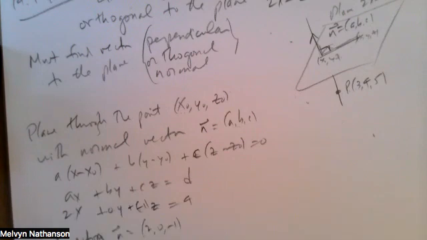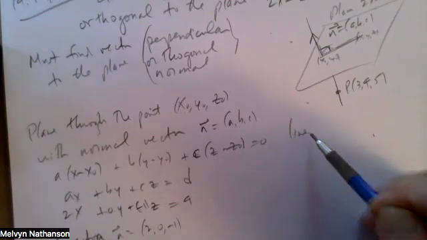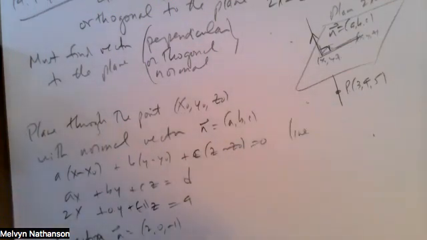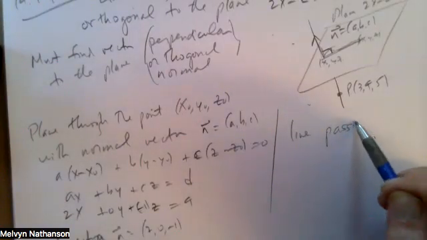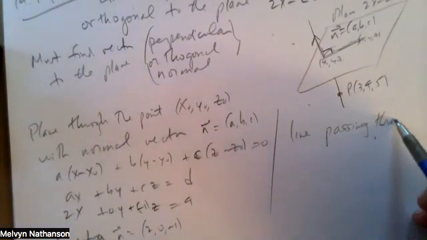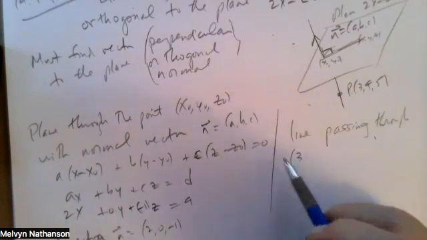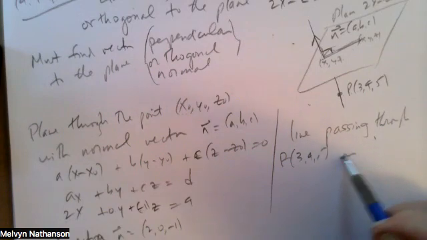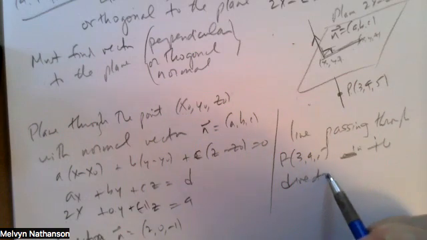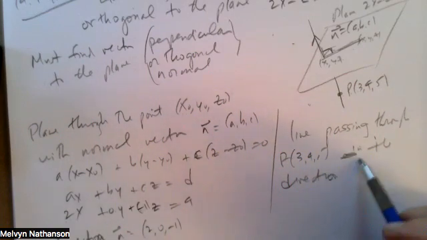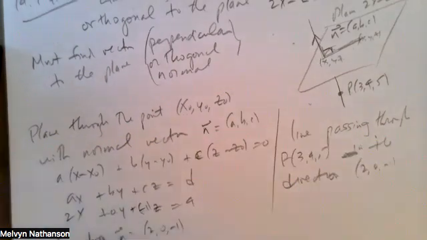And this is the direction vector of the line. So we want the line passing through the point P with coordinates 3, 4, 5 in the direction of the vector 2, 0, minus 1.